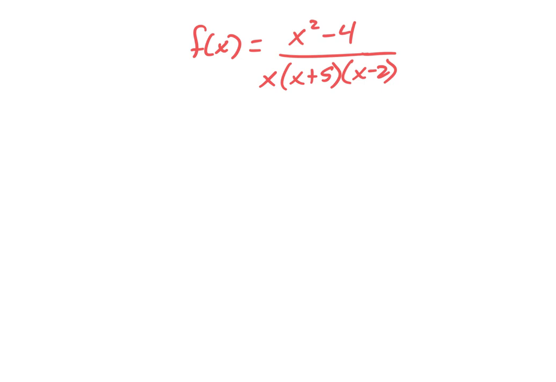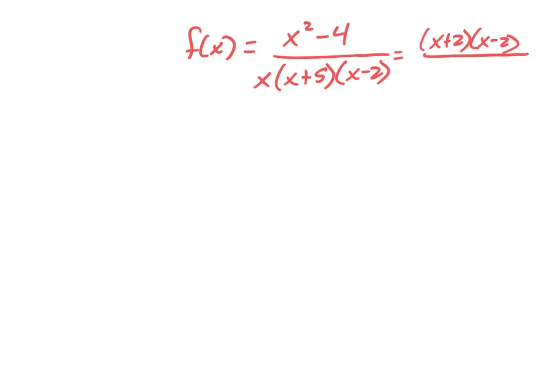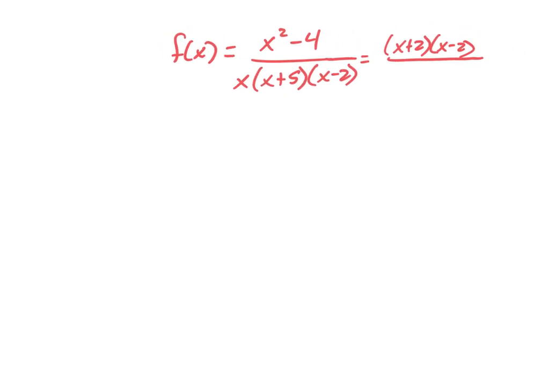If it's not, we want to get it factored out. The top is not factored out. So that's kind of like the one we did just a second ago. If we factored out, it would be x plus 2, x minus 2. And then it would be x plus 5, x minus 2.